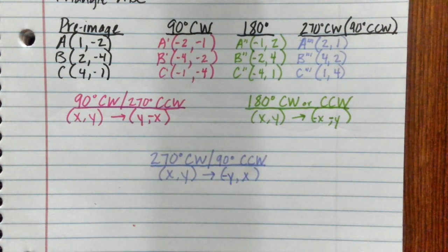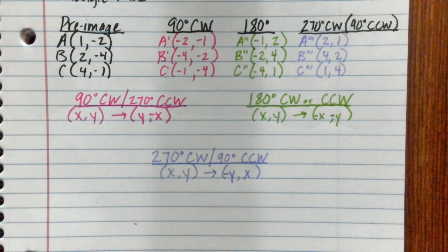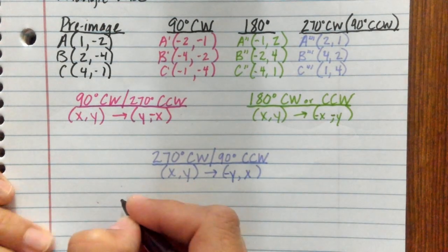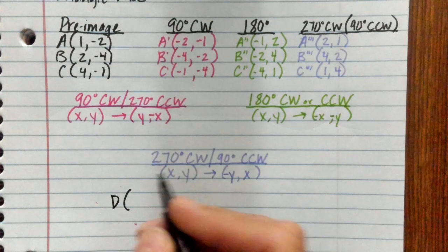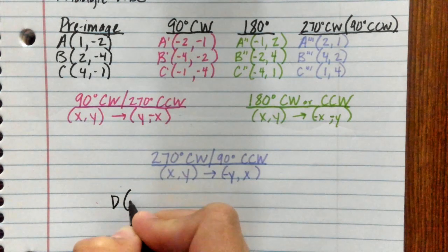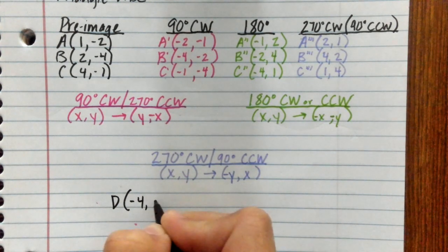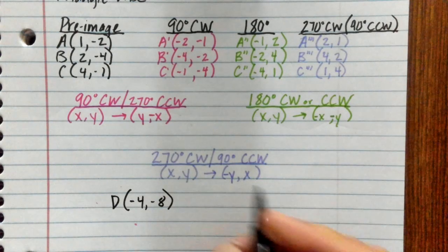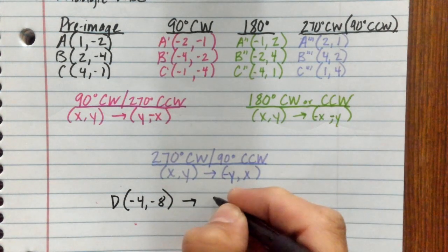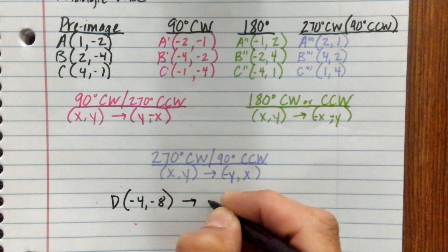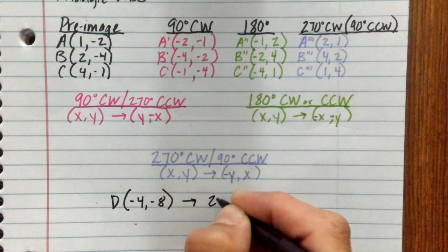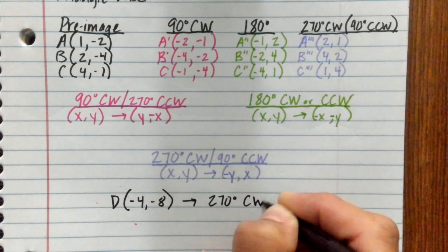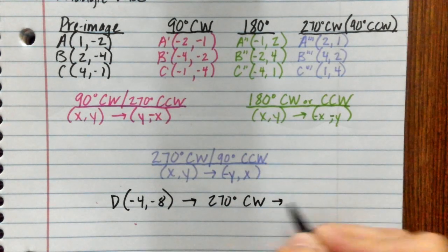So you could follow these rules instead. For example, if I tell you that we have point D, I'm going to completely make something up, is at (-4, -8). And let's say we're going to do a 270-degree clockwise rotation. What is this going to become?